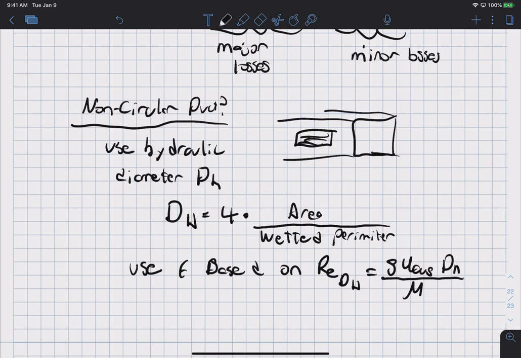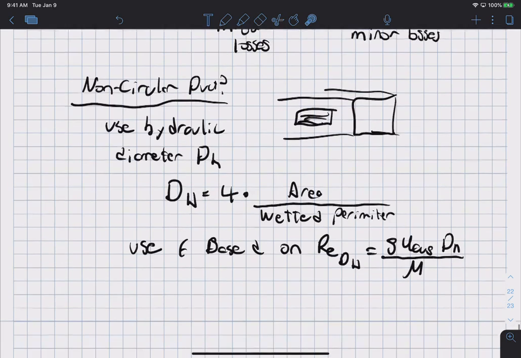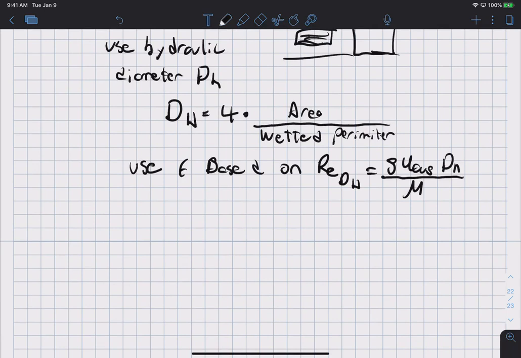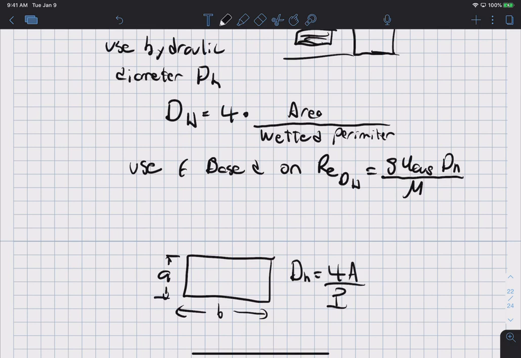And so, as a first order approximation, you use the formulas for a circular duct, the same turbulence transition criterion, but instead of using the diameter of the pipe, you use the hydraulic diameter. For example, if we consider a rectangle of height A and width B, D_H equals 4A over the perimeter.